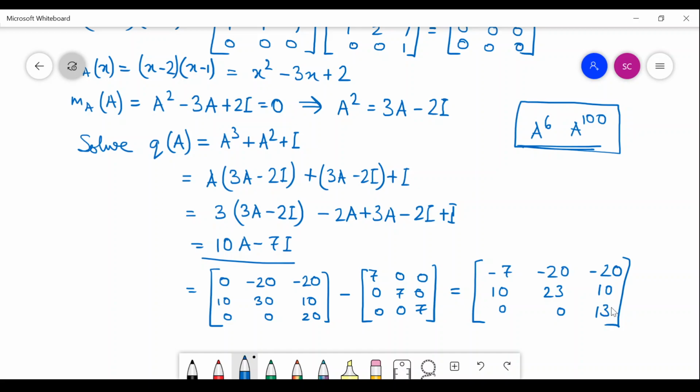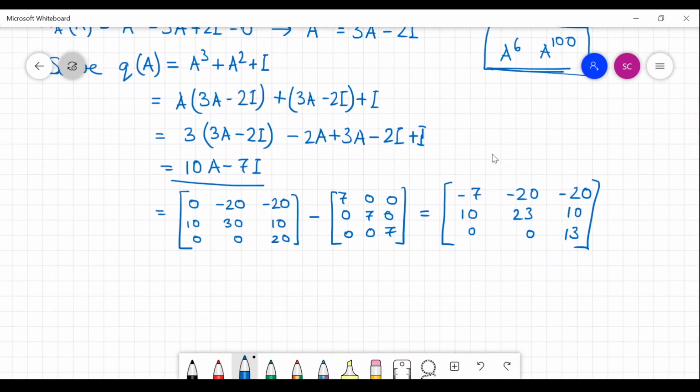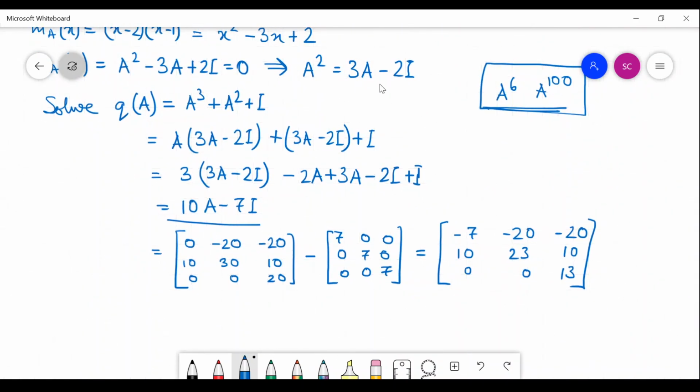So this is the resultant matrix. So you can understand very well that you will come to lower orders of the system.